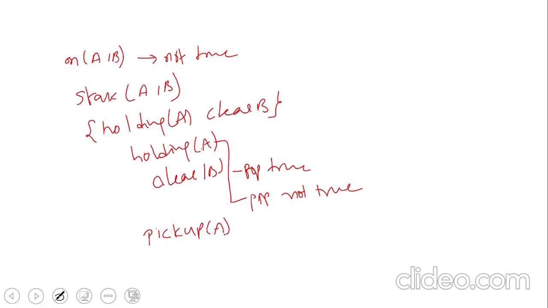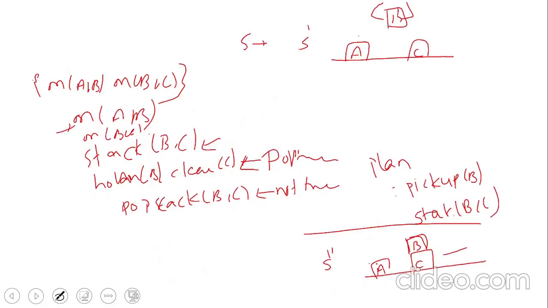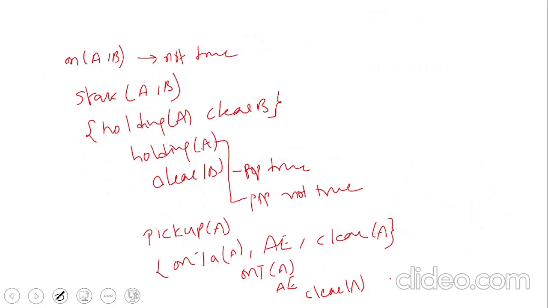The preconditions of pick up A are on table A, arm empty, and clear A. So add them separately: on table A, arm empty, and clear A. First, clear A. Clear A is satisfied, pop, true.